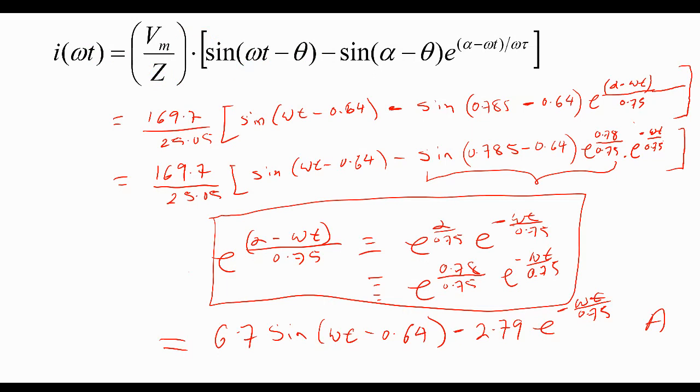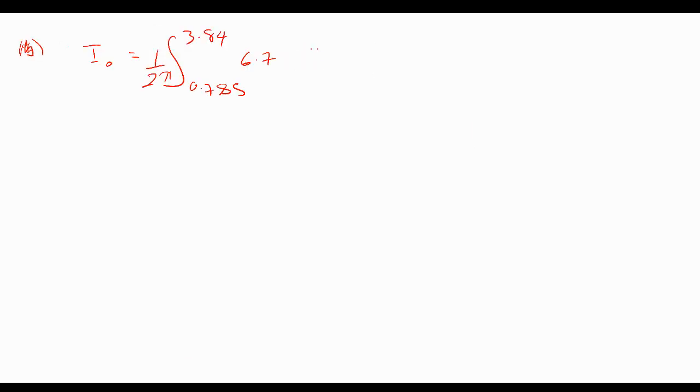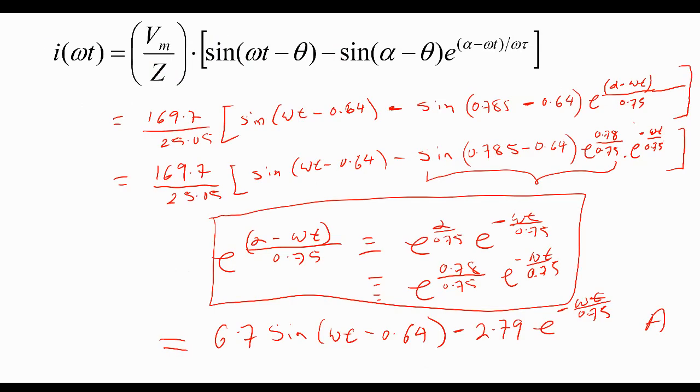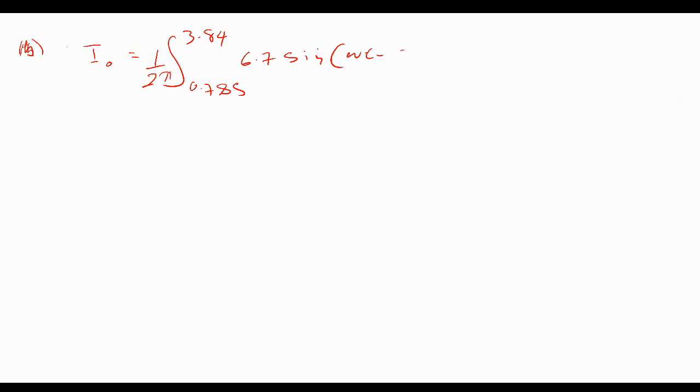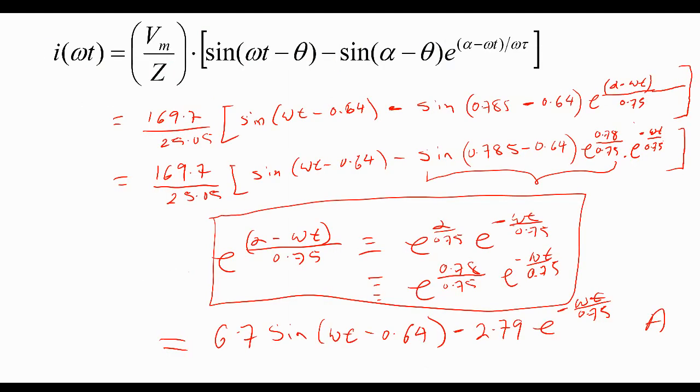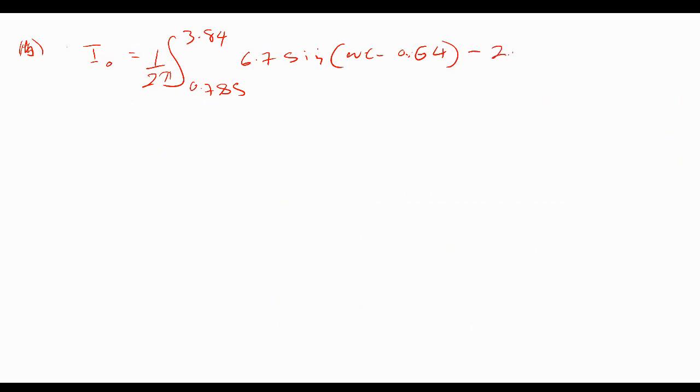Sine, 6.7 sine omega t minus 0.64, and then minus 2.79 times, omega t over 0.75.